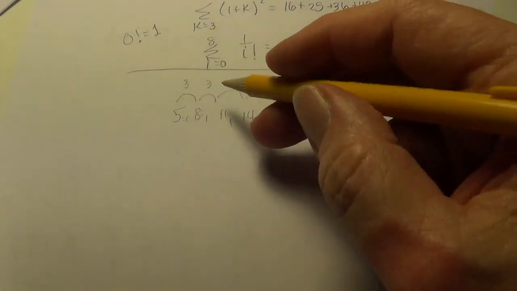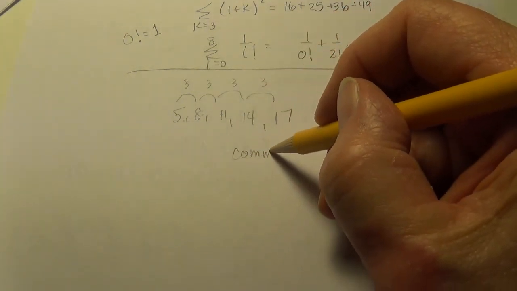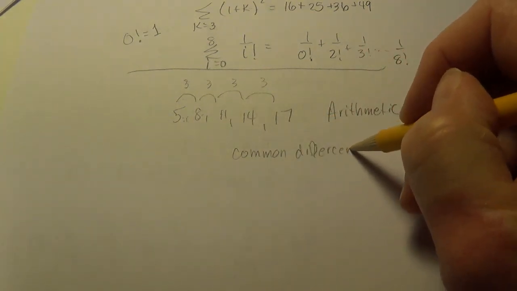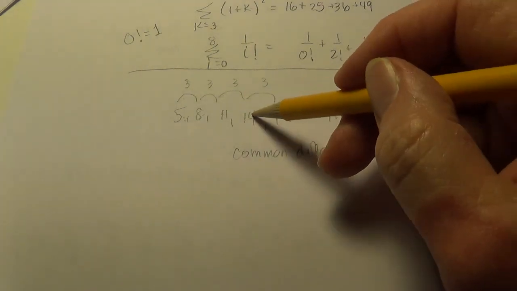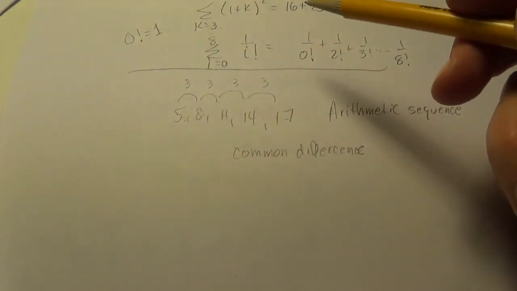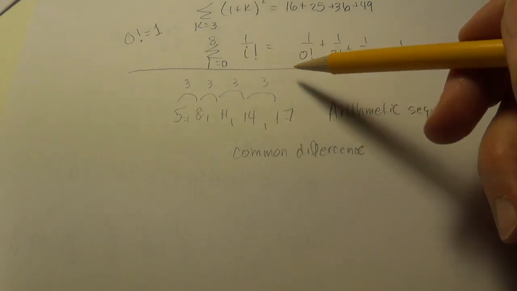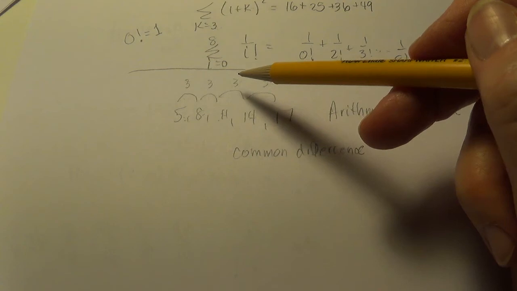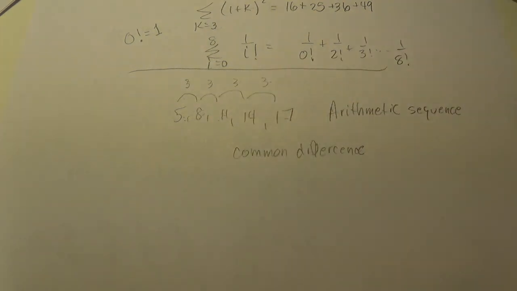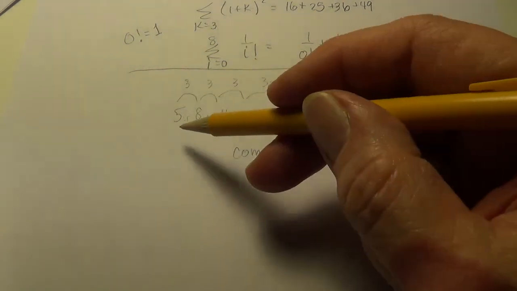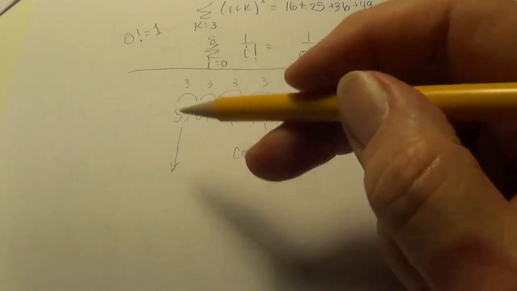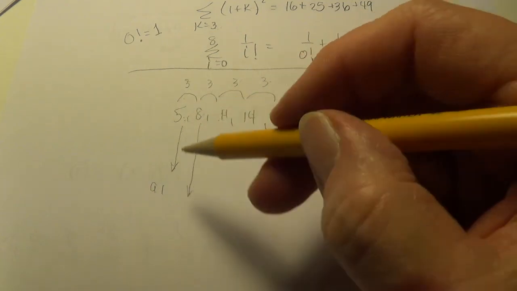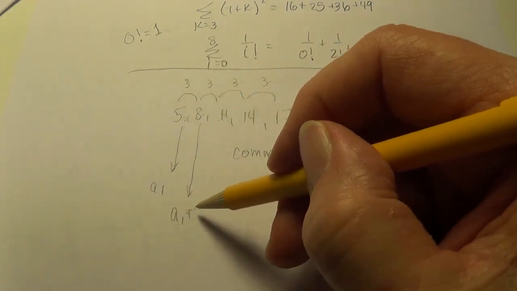That number is called the common difference, because no matter where I find the difference between any two numbers that are beside each other, it will always be common, the 3. 17 minus 14 is 3, 14 minus 11 is 3, and so on. Notice also this pattern. If I call the first term a sub 1, do you see the second term is a sub 1 plus the common difference?